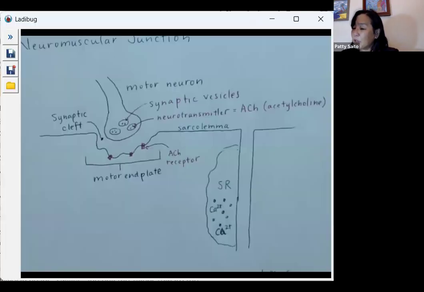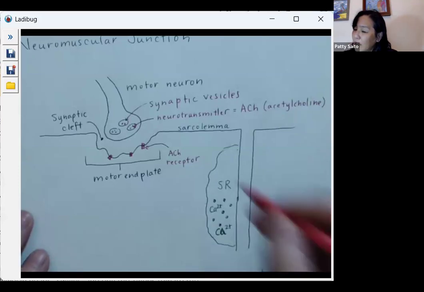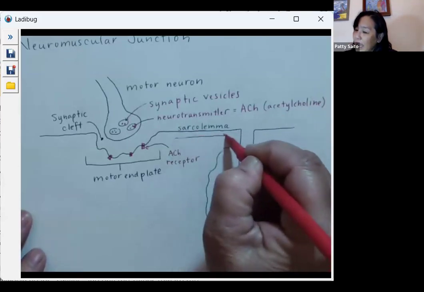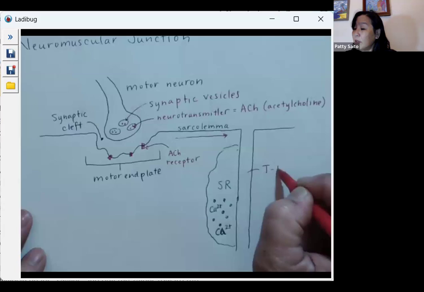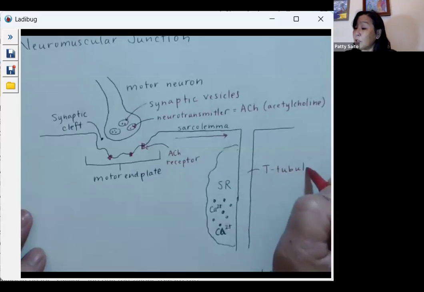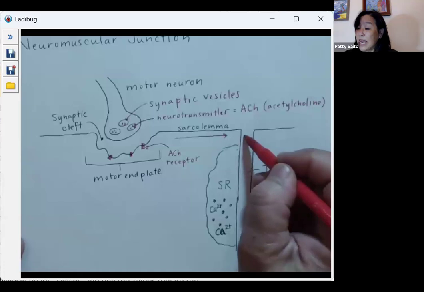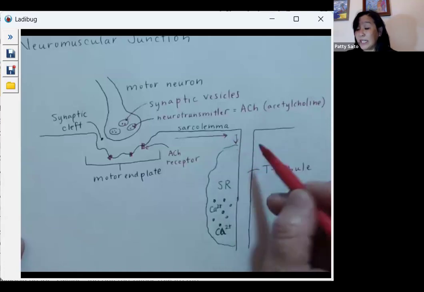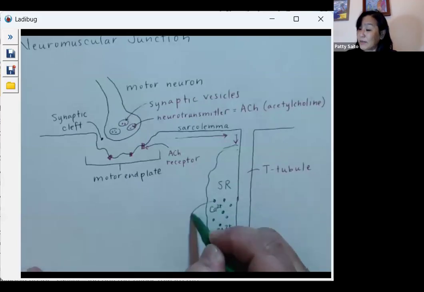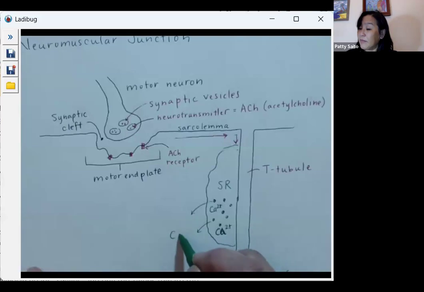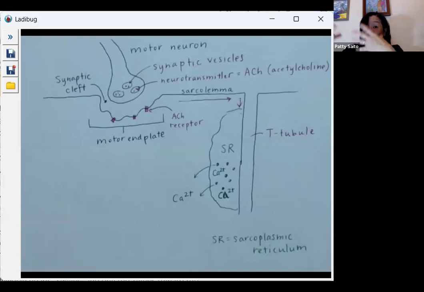So the electrical impulse is going to travel down this tubule here. This is called a T-tubule or transverse tubule. So it makes its way down here. And once it hits the sarcoplasmic reticulum, it's going to cause the sarcoplasmic reticulum to release the calcium. Calcium is released into the muscle fiber, okay, and interact with the myofibrils.